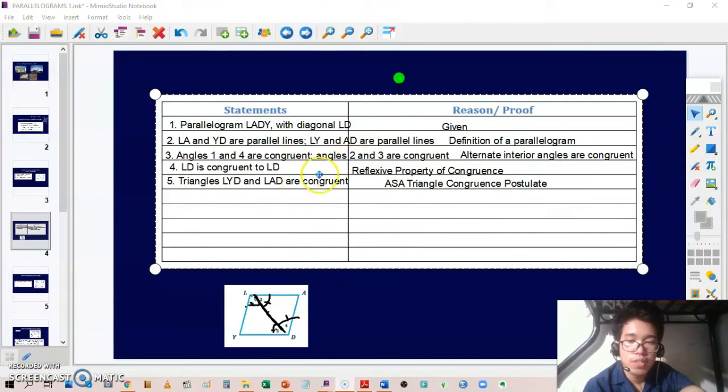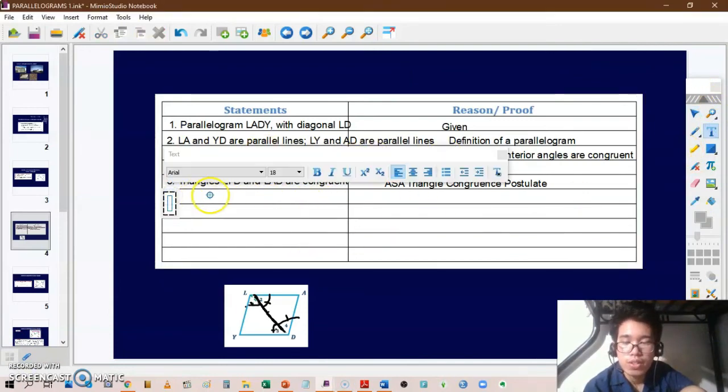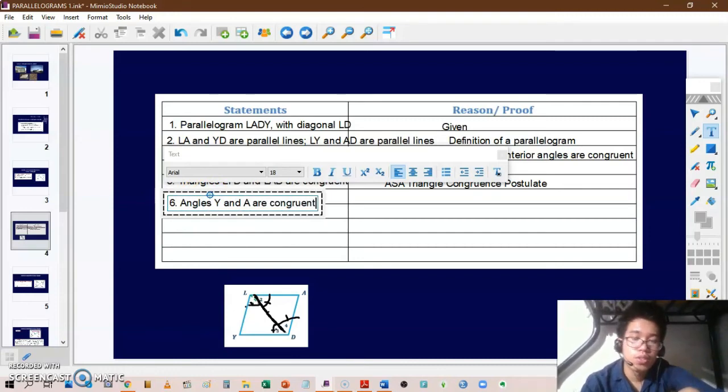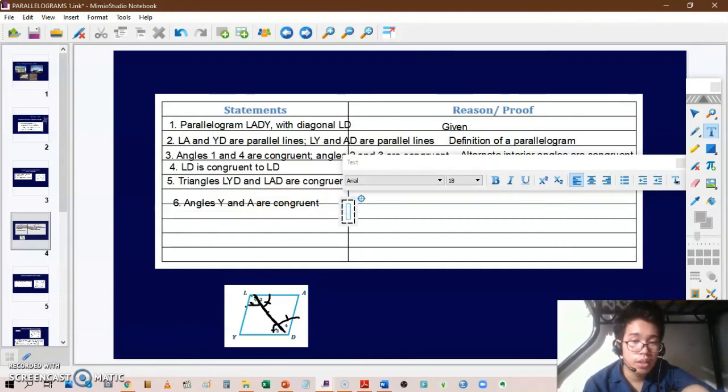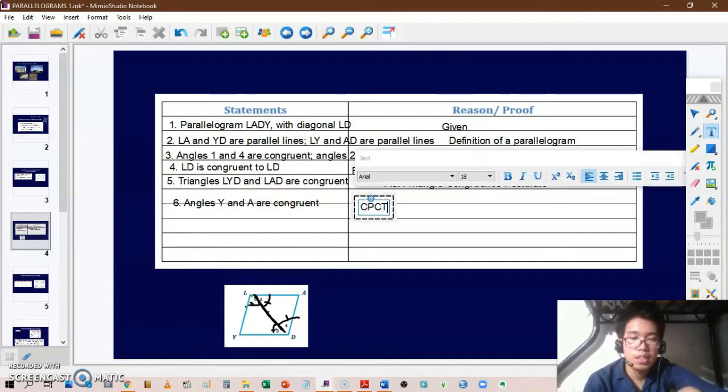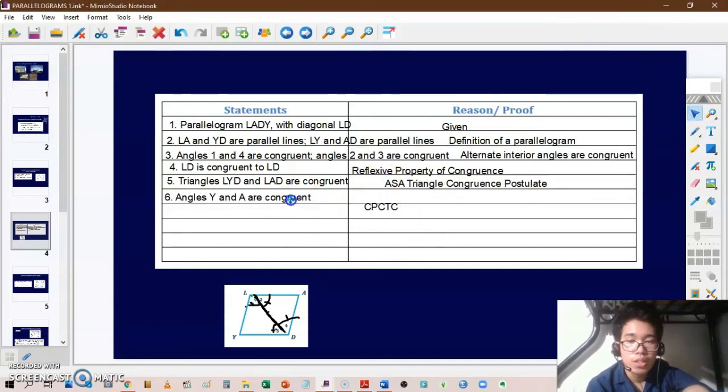Since we've established that these two triangles are congruent, we can write for our sixth statement that angles Y and A are congruent, simply because of CPCTC: corresponding parts of congruent triangles are congruent. Since these two triangles are congruent, their corresponding parts are also congruent.